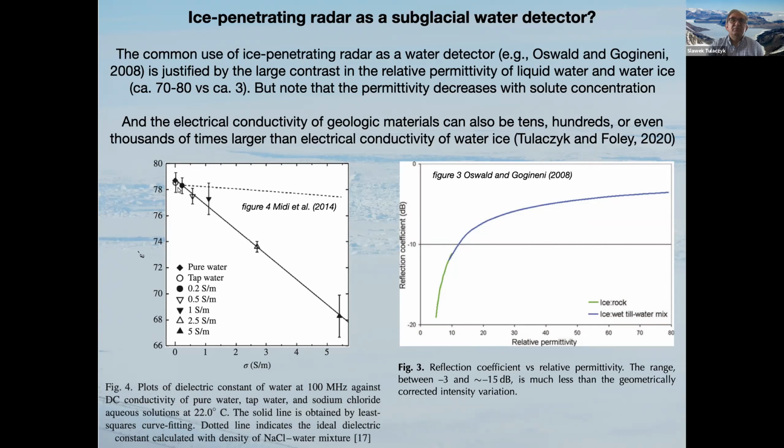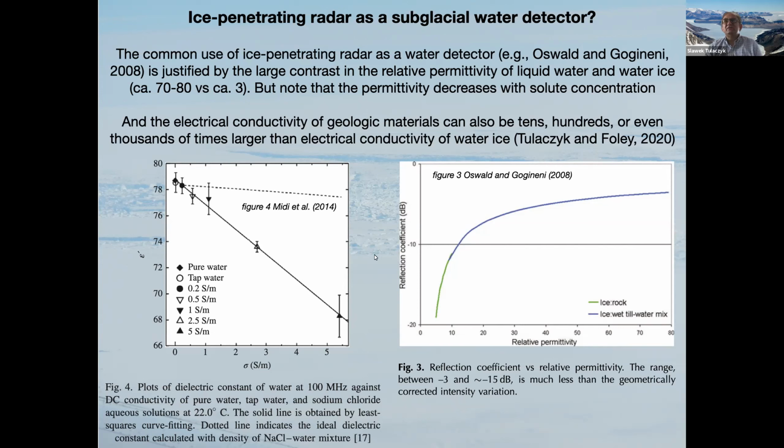The permittivity actually does vary, according to at least these lab measurements by Mei-dee and others, where they went from distilled water to roughly the conductivity of seawater and found a pretty strong dependence of the measured permittivity as compared to the predictions from a theoretical model.